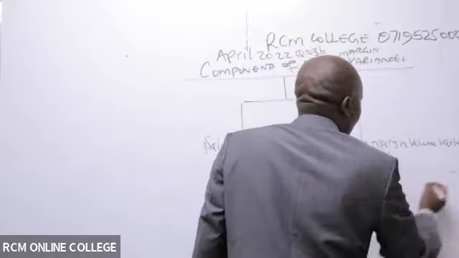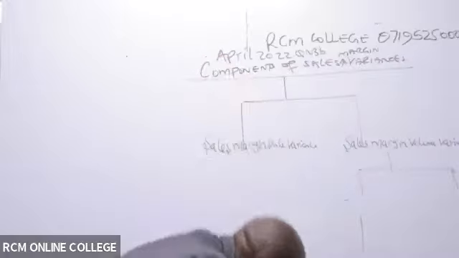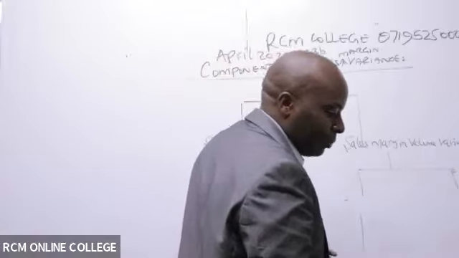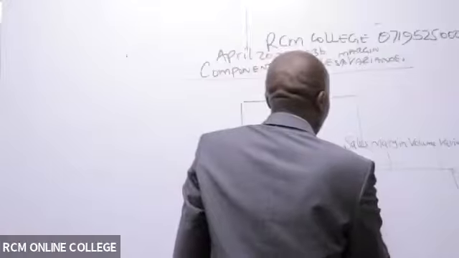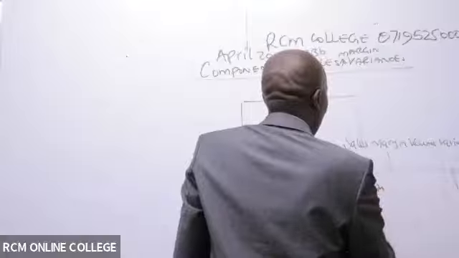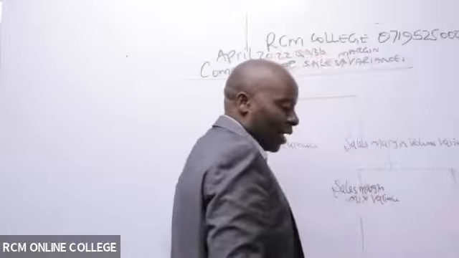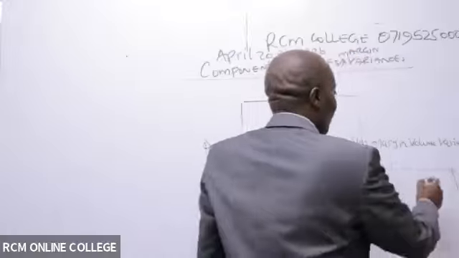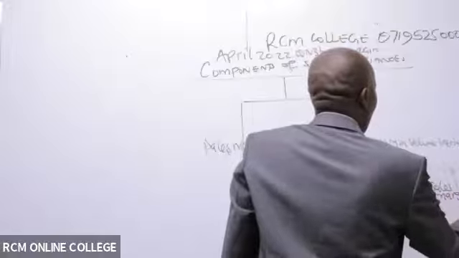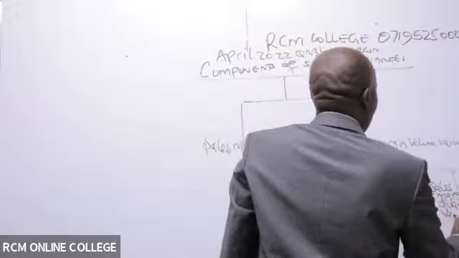So this one has got two babies. We call them babies. These babies are the sales margin mix variance, and lastly the sales margin quantity variance.